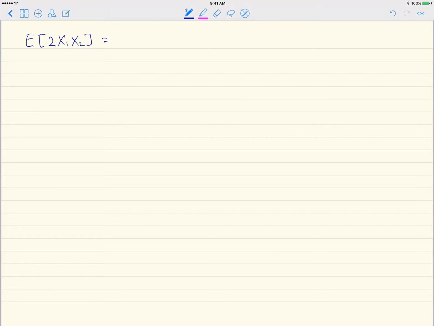In this case, for each of these cross terms, we can rewrite this into the product of the expectations of x1 and x2, with the 2, right? Why is it true?